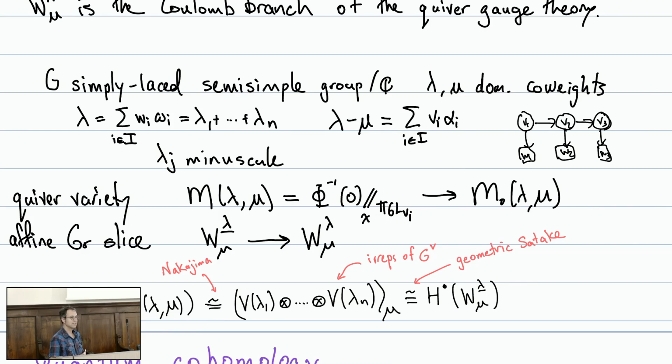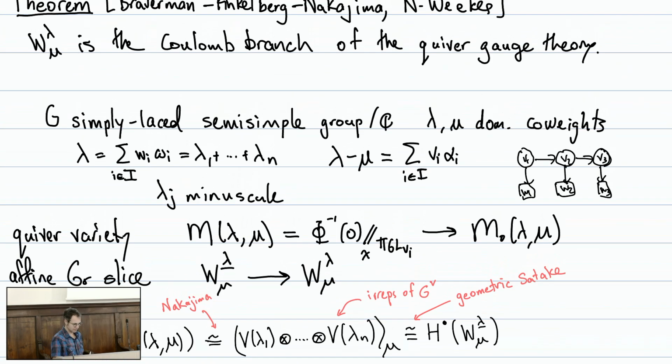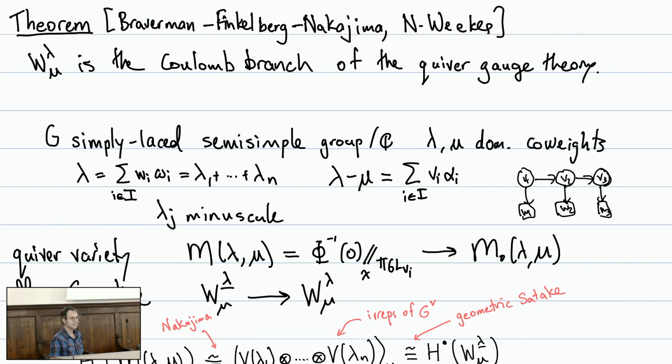So here, when G is simply laced, the quiver variety should play the role of the Higgs branch. And by the above observation, W lambda mu is the Coulomb branch for any G, so it should be the Coulomb branch for non-simply laced.